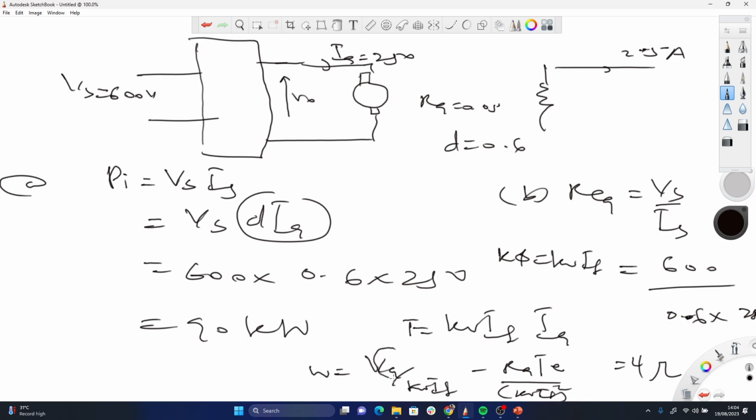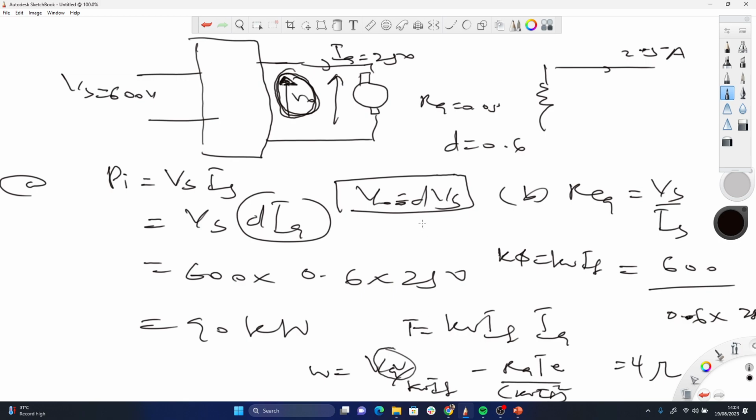I have my VA. I can find my VA. The VA, which is the voltage of the motor, is the same as the output V naught here, because this V naught goes to the VA. So V naught is delta Vs. I know delta, I know Vs, I put it here.